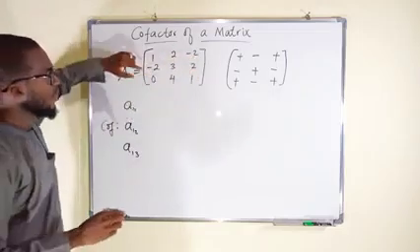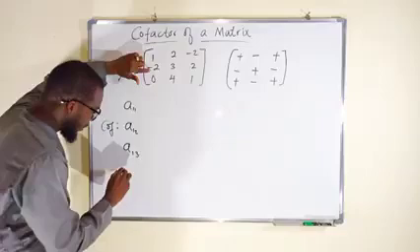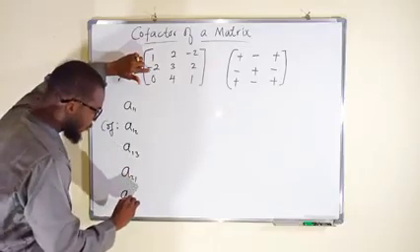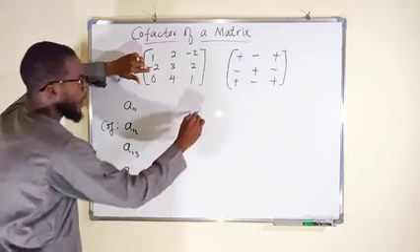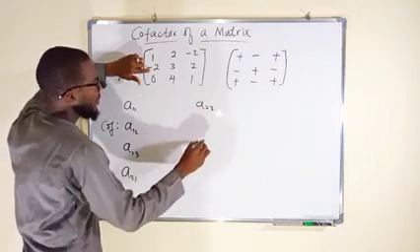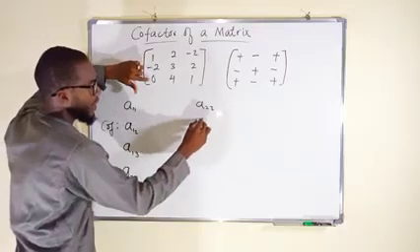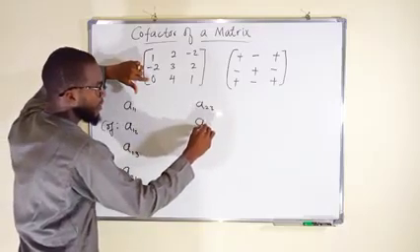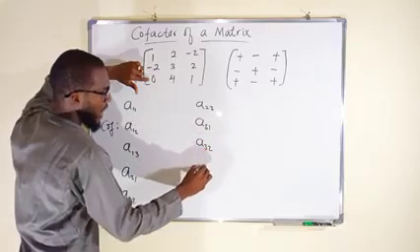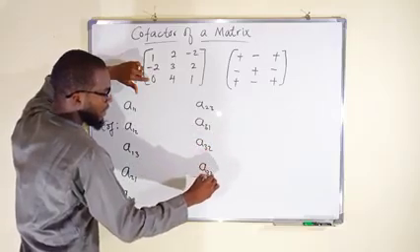This is A13. We have A21, we have A22, we have A23. Then lastly we have A31, A32, and A33.